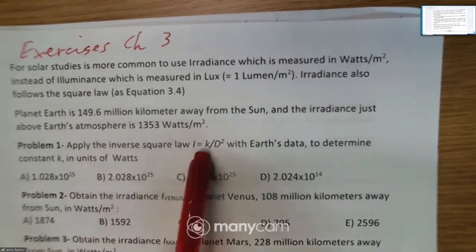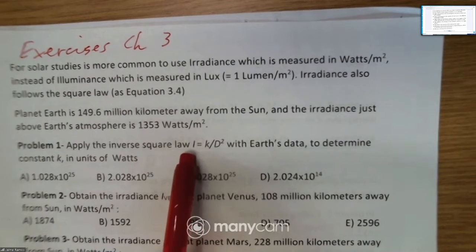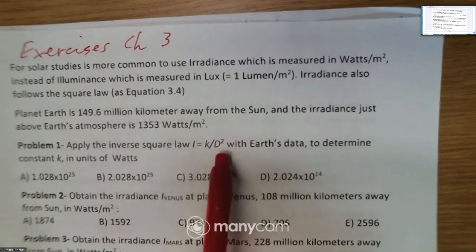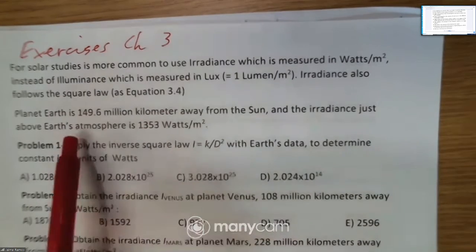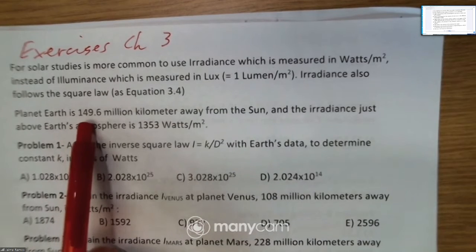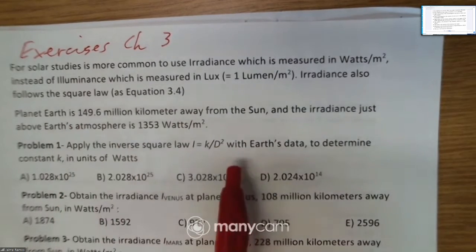So the first step is to determine the constant K. So we have data. I is 1,353. Distance is 149.6 million kilometers.